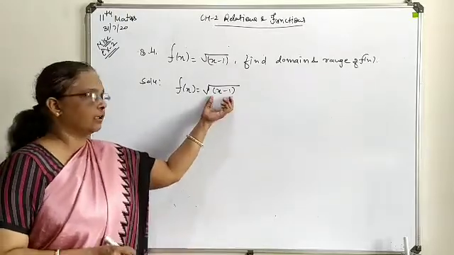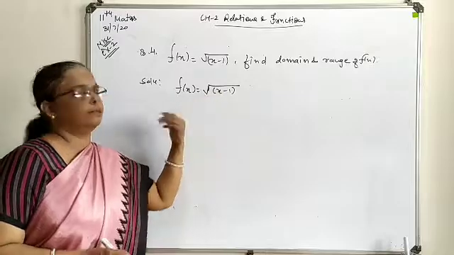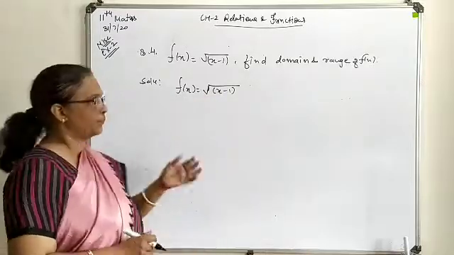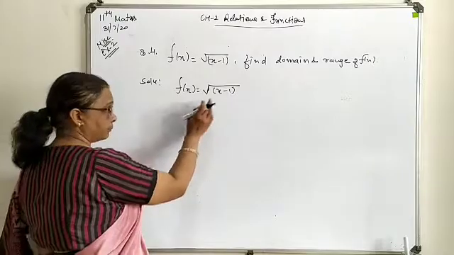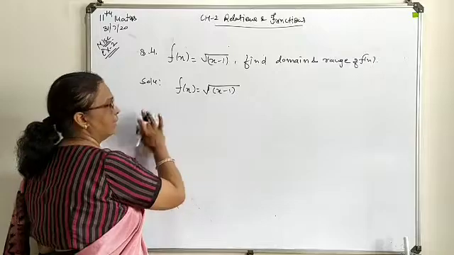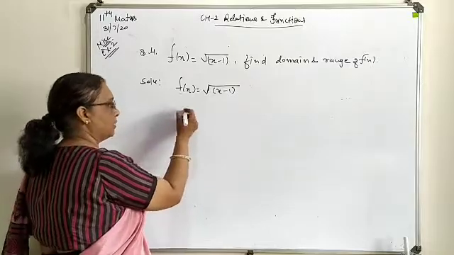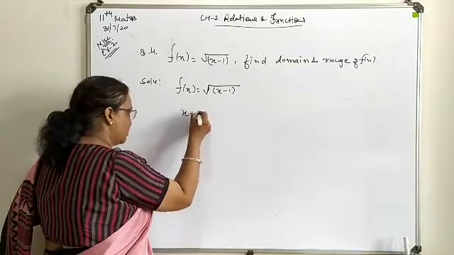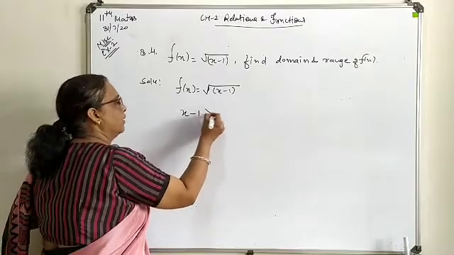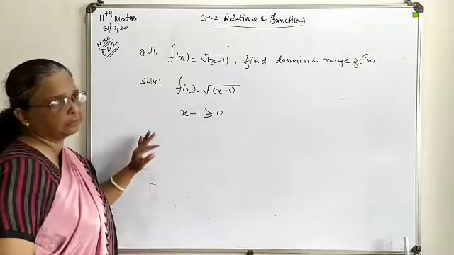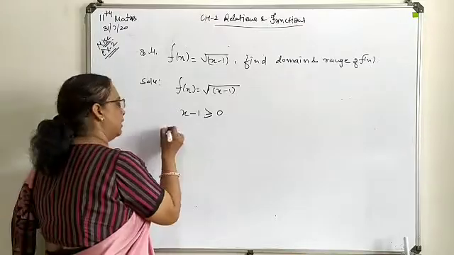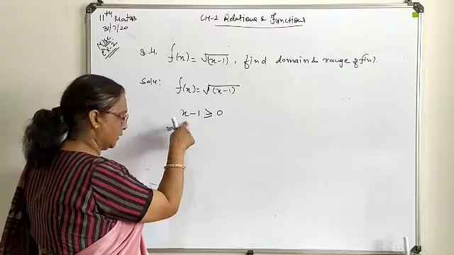It can't carry a negative answer. If you write a negative answer, it will give an imaginary solution, which we don't want to discuss here. So to get the real solution for the square root of x minus 1, the basic criterion is that x minus 1 should be greater than or equal to 0. Negative values we will not write. So this gives the idea about the x selection.